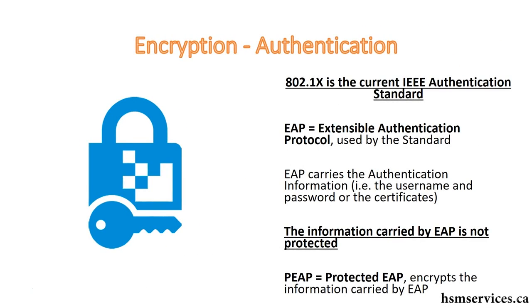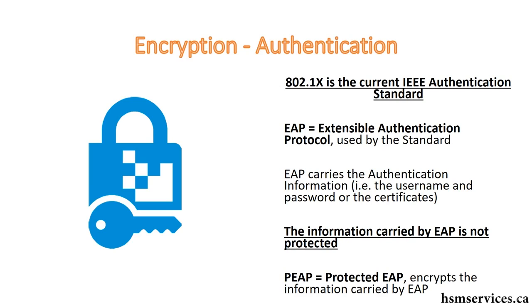So, the IEEE sets all the different standards, and they set standards for Wi-Fi, and 802.1X is the current authentication standard for Wi-Fi. And they talk about EAP, which is the Extensible Authentication Protocol.